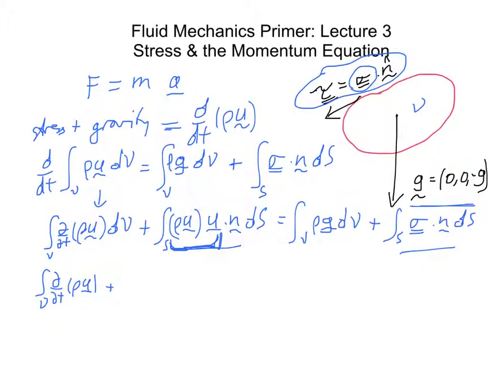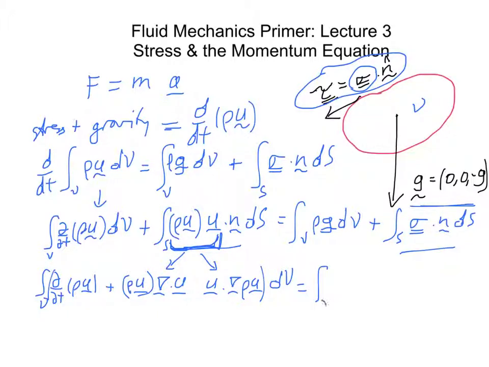So the way I'm going to do that is, first I'm going to expand it out straight away with the product rule and give you rho u times the divergence of u, okay, and then we'll get the second term, which is u times the divergence of rho u, and this is all integrated over the volume.